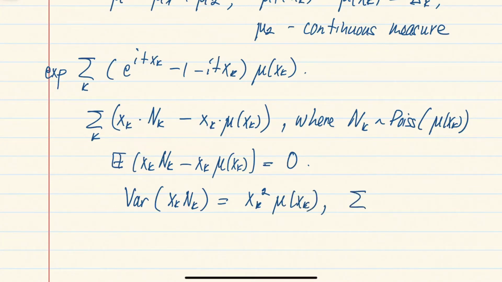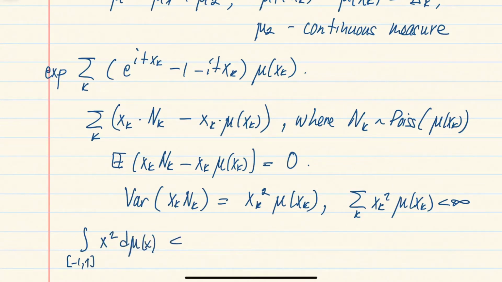And the sum of all these variances will be finite by our assumption that the integral of x squared between minus 1 and 1 of our measure mu is finite, right? So we truncate it by 1, but here we are on the interval minus 1 and 1. And so the series here is just the part corresponding to the atoms of this measure mu.